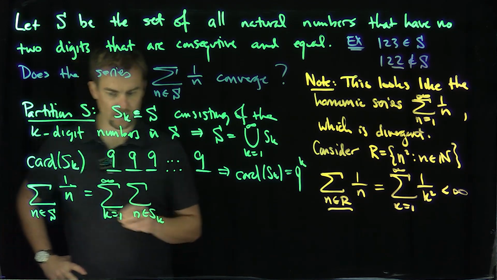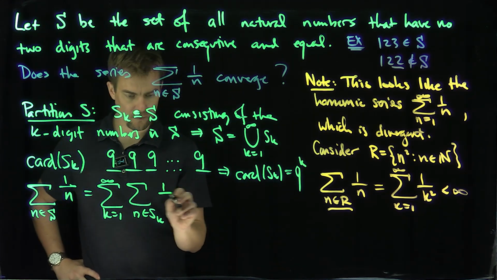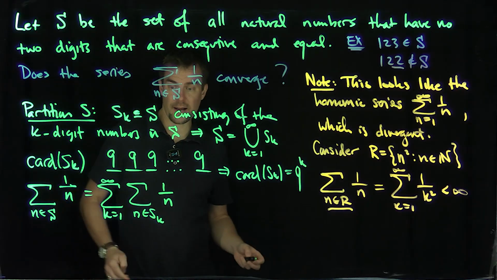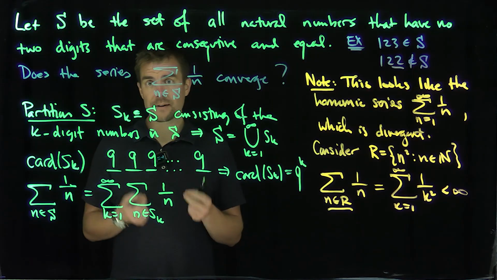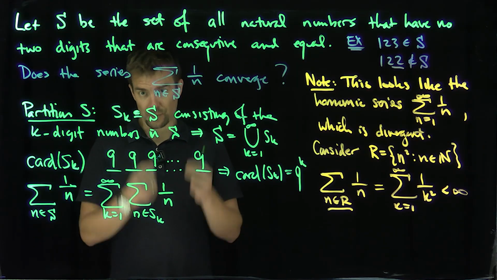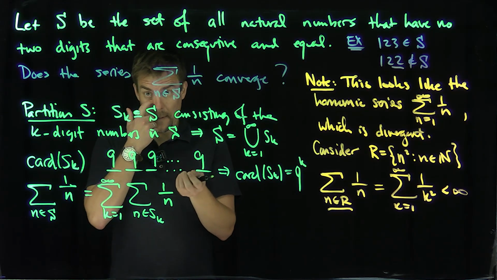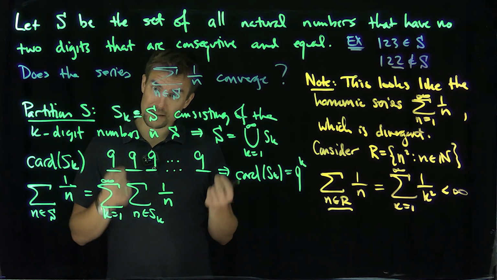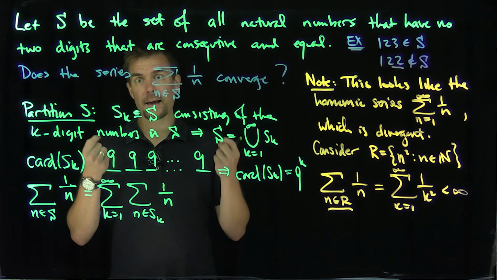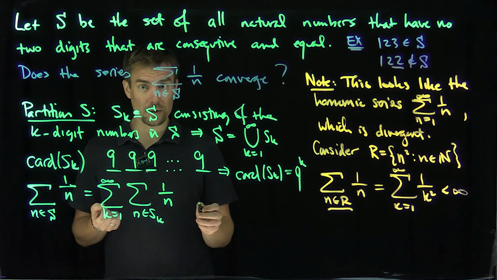So I sum over all these Sk of 1 over n. Now here's where I can estimate. If you're in Sk, you're a k-digit number. I can make a k-digit number smaller, which would increase this sum by making the denominator smaller. So I can replace a k-digit number with a simple k-1 digit number.